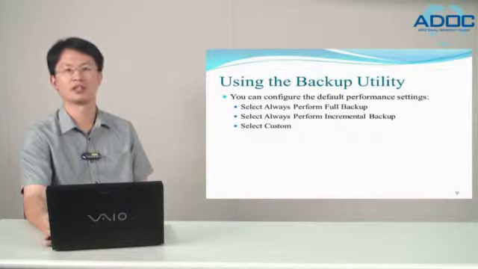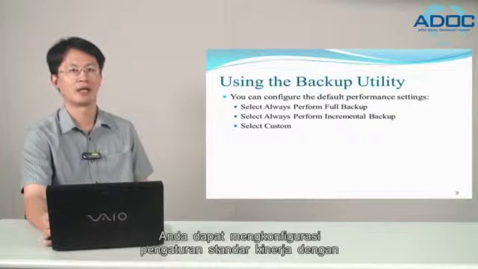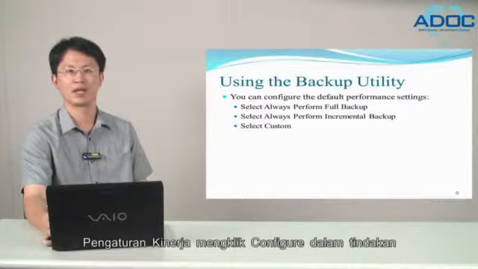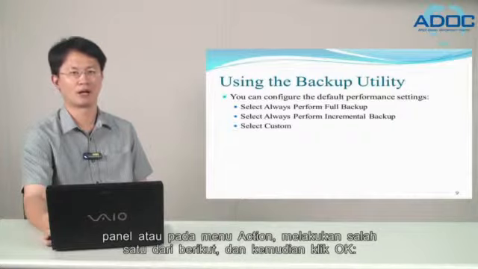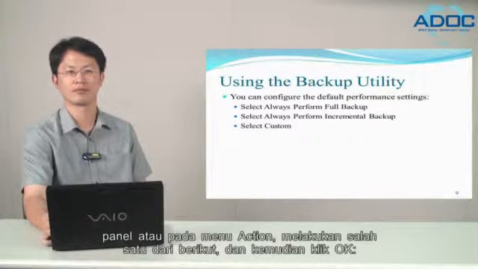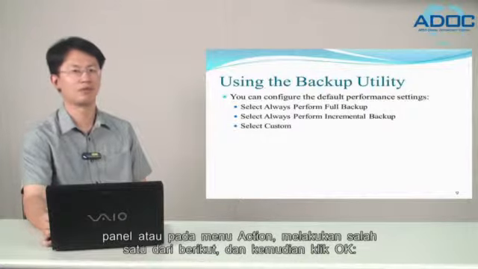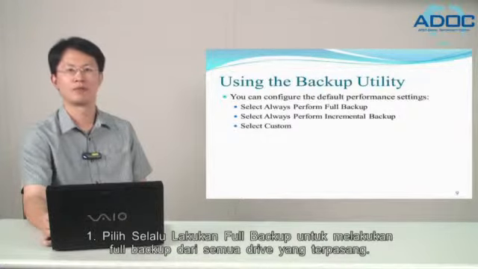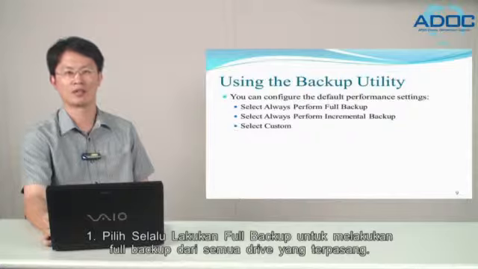You can configure the default performance settings by clicking Configure Performance Settings in the Action pane or on the Action menu, doing one of the following, and then clicking OK. Select Always Perform Full Backup to perform full backups of all attached drives.